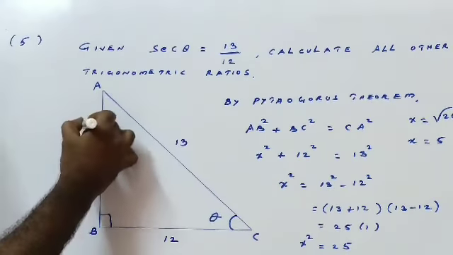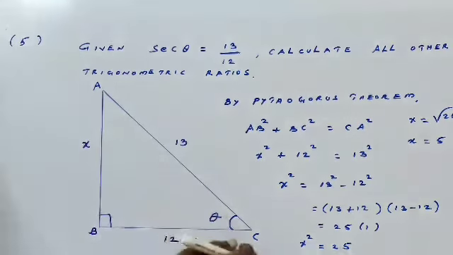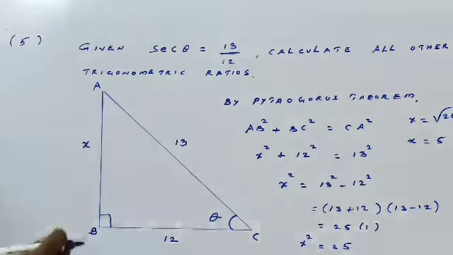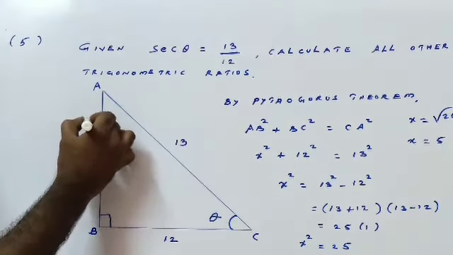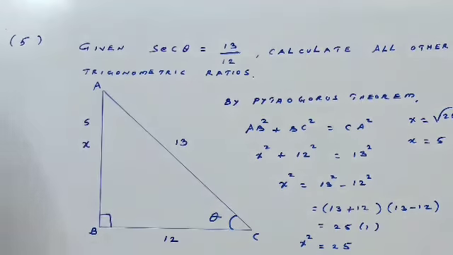So adjacent side BC is 12. Opposite side AB, that is x, is 5. Now they are asking to calculate all other trigonometric ratios. So we have to find the sin theta, cos theta, tan theta, then cosecant theta, secant theta, cot theta.